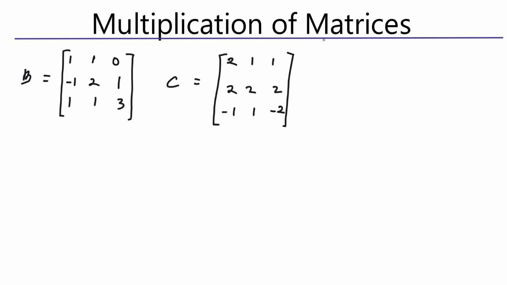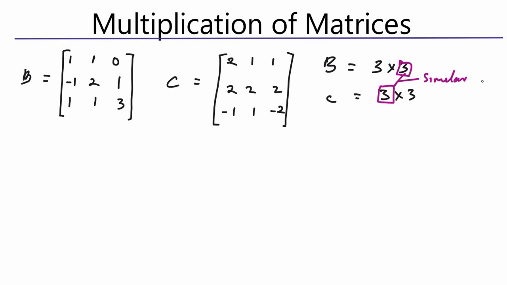When we look at the matrix, matrix B is a 3 by 3 matrix, and matrix C is also a 3 by 3 matrix. So if we check the number of columns in our first matrix compared to the number of rows in our second matrix, these two are similar.